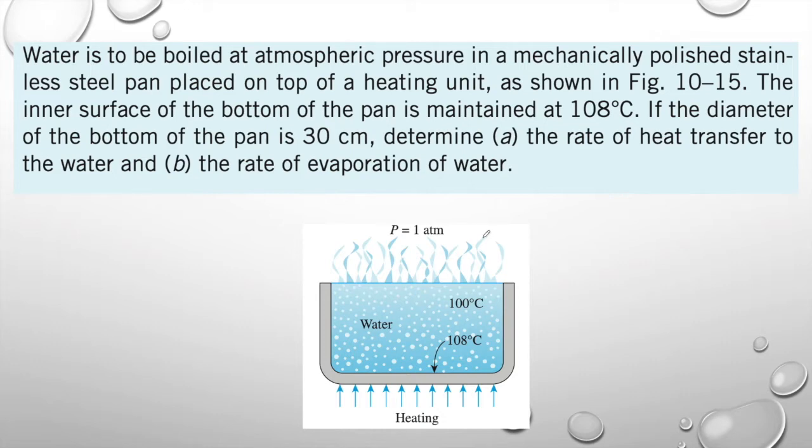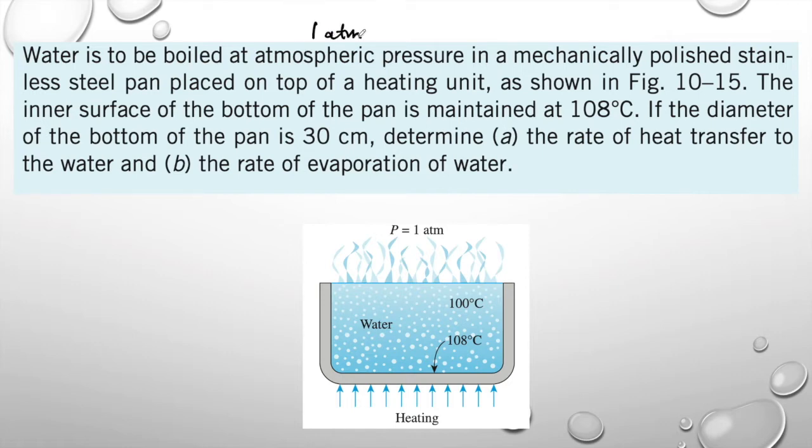So this is the figure. The surface at the bottom of the pan is 108 degrees Celsius, and since the water is to be boiled at atmospheric pressure, that is 1 atm.